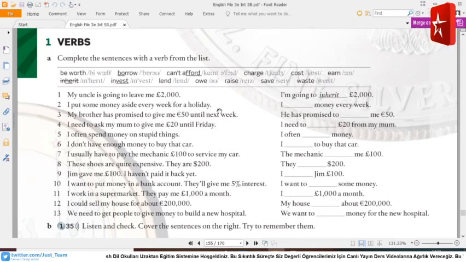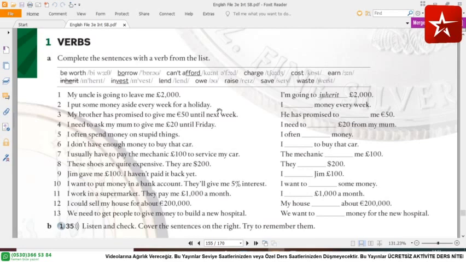So I put some money aside. It means 2,000 of my salary I put aside for my future holiday. I am planning to go to, for example, one of the foreign countries, European countries, or the USA or Canada or something like that.